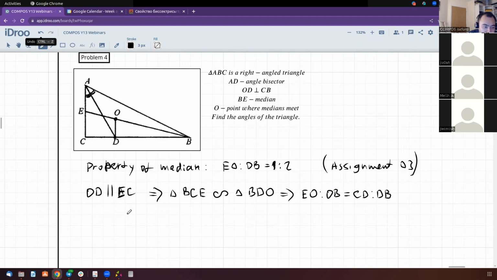But we know this to be 1 to 2. So 1 to 2 is equal to CD to DB.